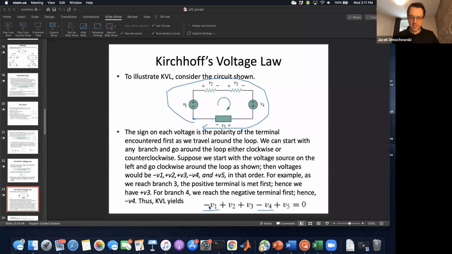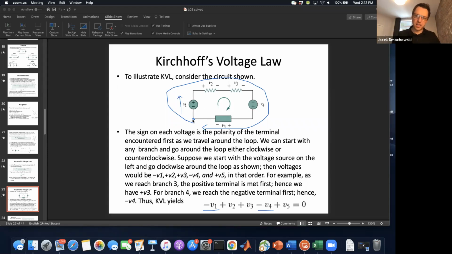Our convention in this class is that whenever you go from a negative to a positive, in other words up a voltage rise, of V1 volts, you indicate it with a minus sign. And a voltage drop is indicated with a positive sign. The reason is that there are generally more drops than rises in a circuit, so we like to have the drops with a positive sign.